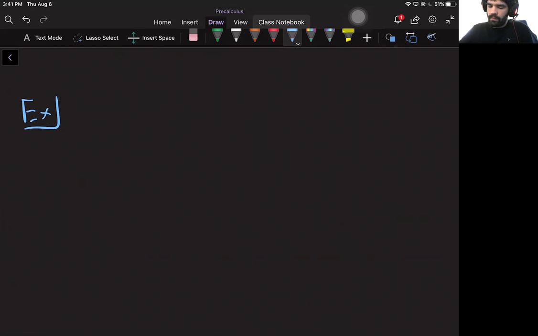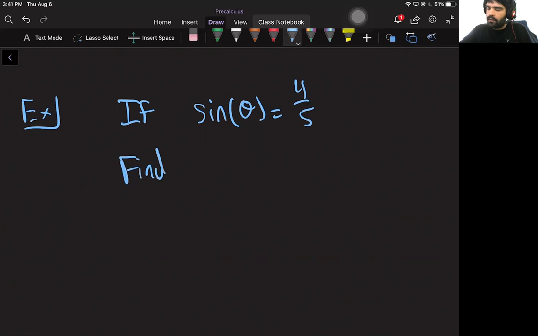So one thing you could do is say something like this. If you know that sine of an angle is 4 over 5, you can find cosine of that angle, where you don't know anything about the angle necessarily.